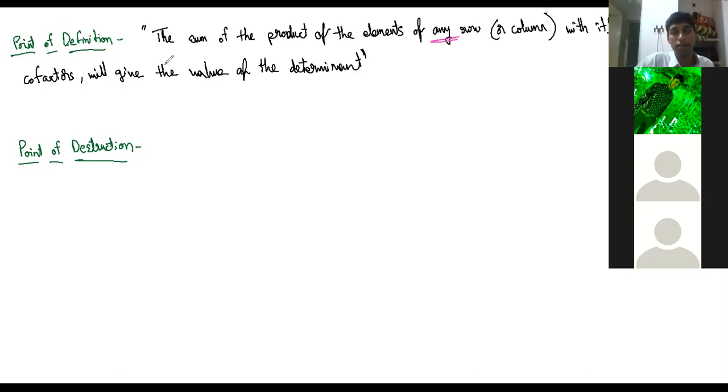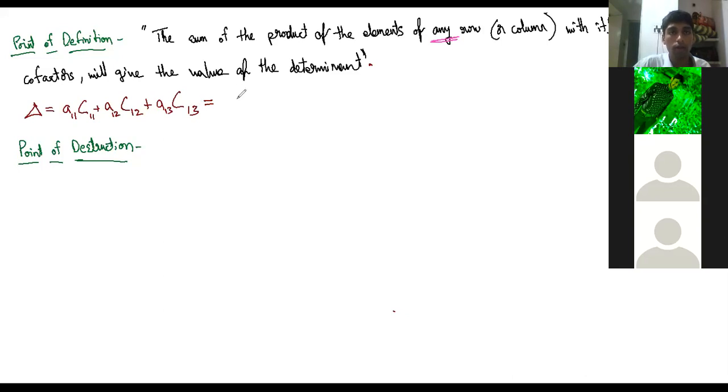Now let us say that the determinant is defined as delta. So that means delta is nothing but A11 C11 plus A12 C12 plus A13 C13. And the same thing you'll get in any direction. No matter which direction you go, you'll get the same answer.